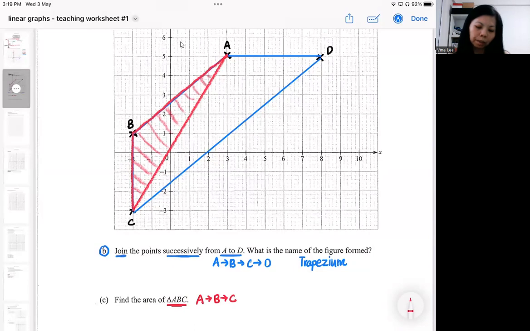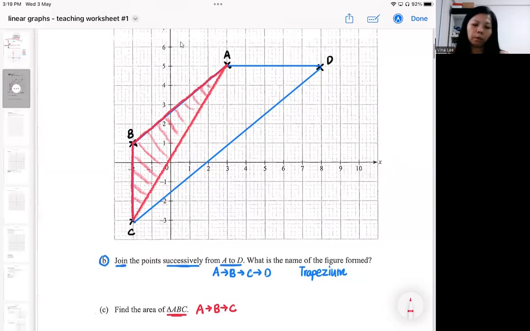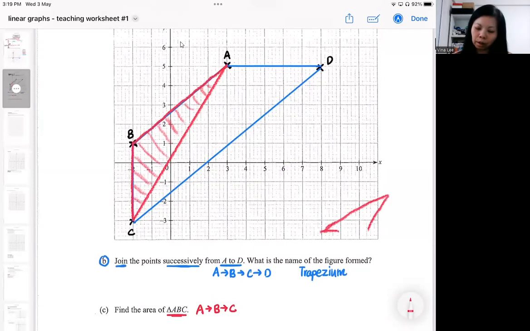So if you turn this paper around, does it remind you of the kind of triangle that you learn in primary school, where the height is outside, where this is the height and this is the base? If you turn the paper around, you will see such a thing.